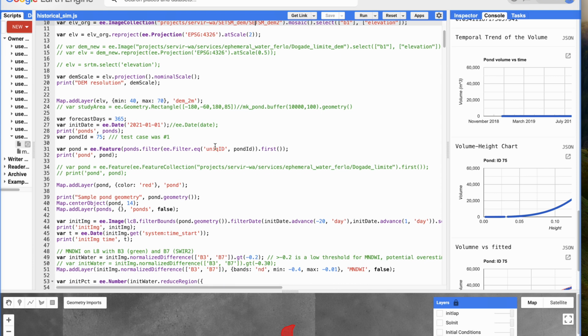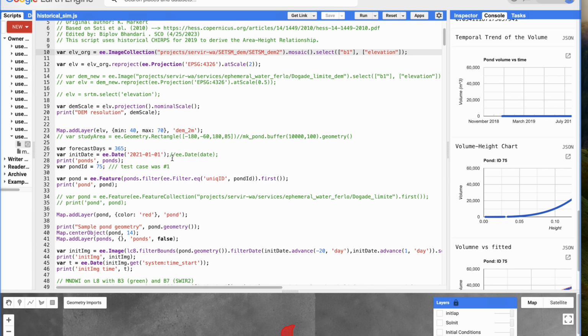So basically, this script does historical modeling of this pond, and it uses the CHIRPS data as a meteorological input.